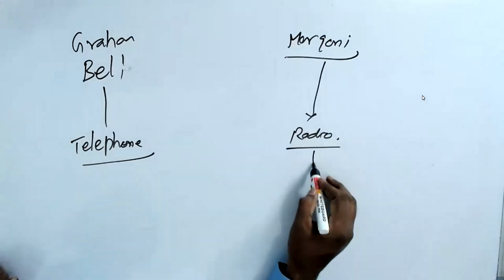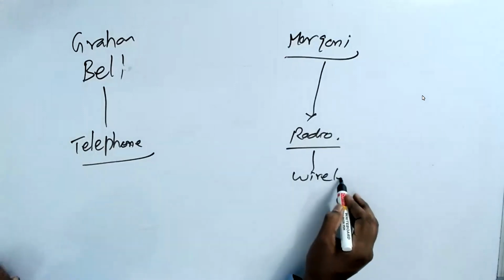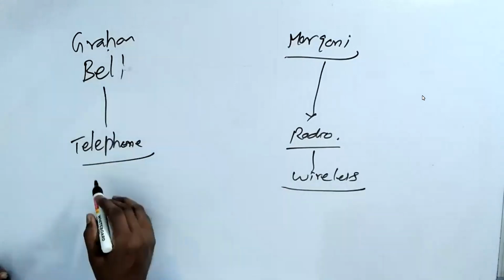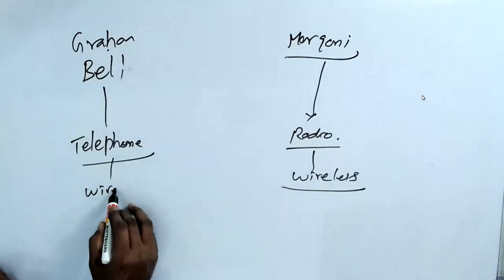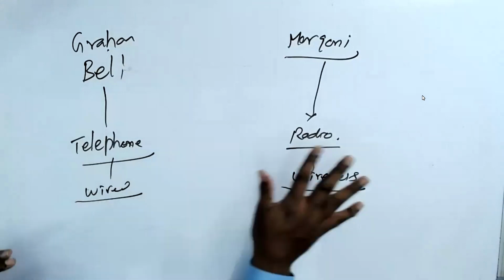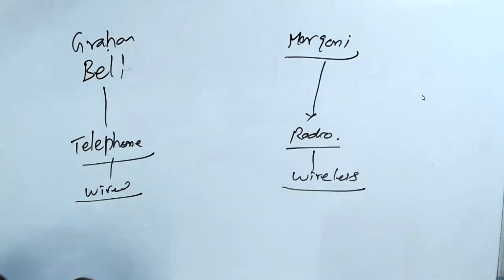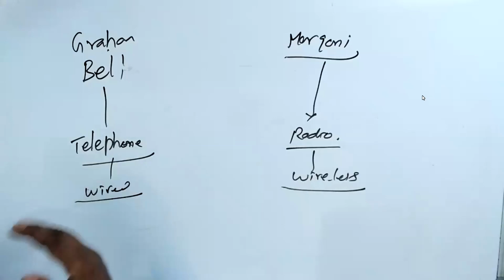Marconi did everything wireless and Graham Bell did everything wired. Both are doing the same thing, but this is wireless, this is wired.